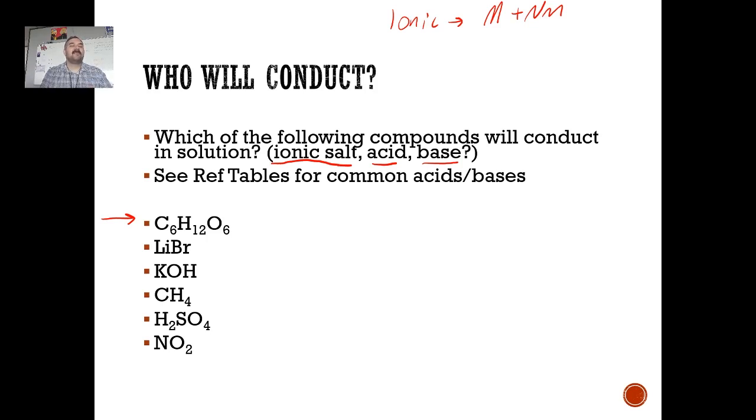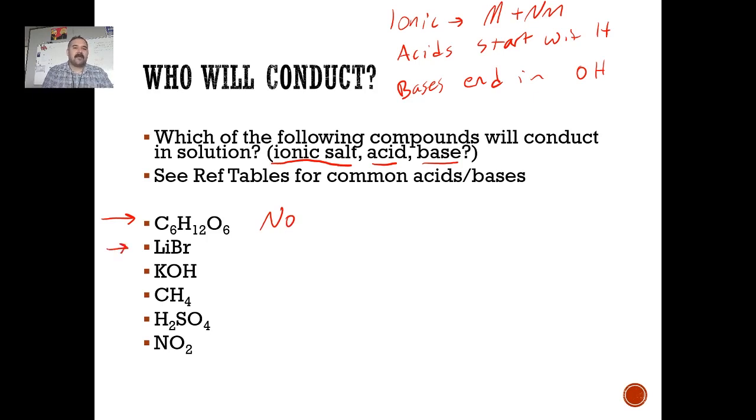What do bases end in? So acids start with H. Bases end in OH. So that's how you identify if it's an acid or a base. So is C6H12O6 a base? Does it have OH? And by OH, I mean hydroxide. I don't mean hydrogen and oxygen. Does it have a hydroxide? No, it doesn't. So will this conduct electricity? No, this one will not.